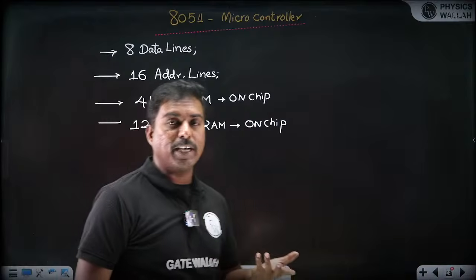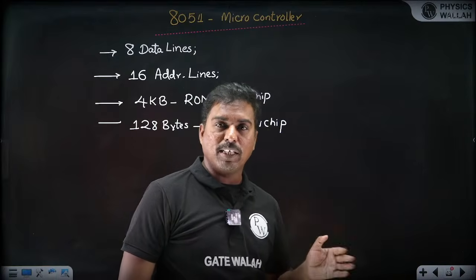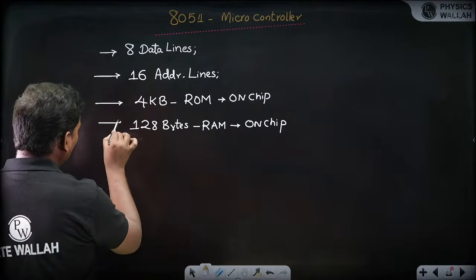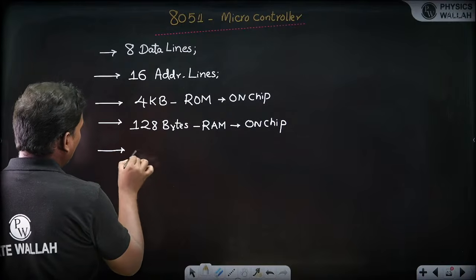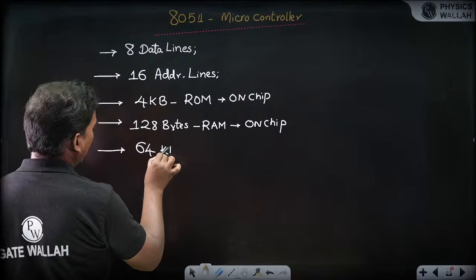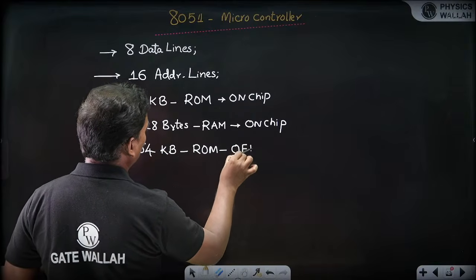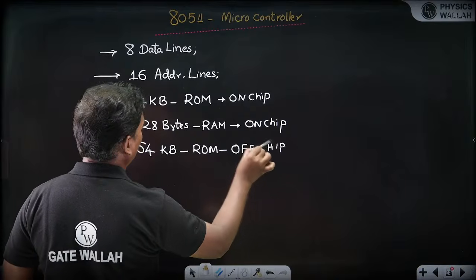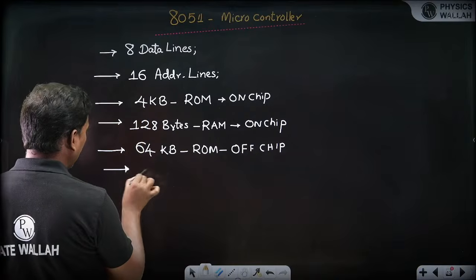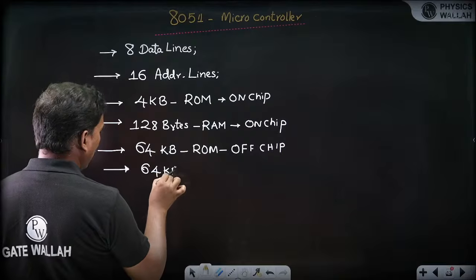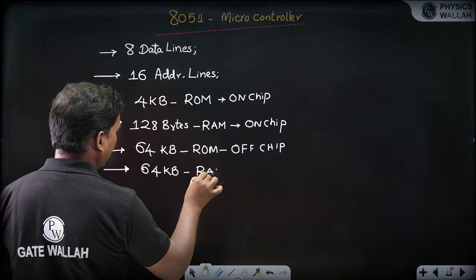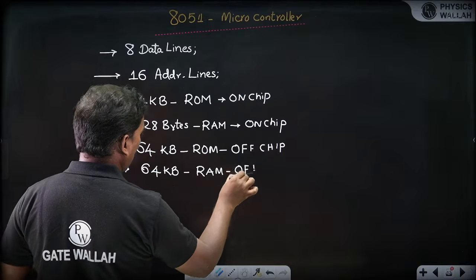Microprocessor does not have this feature. Microcontroller has this feature. Now, if you see, it is having 64 KB ROM, which is treated as half chip, and here also you can take 64 KB RAM, which is treated as half chip.